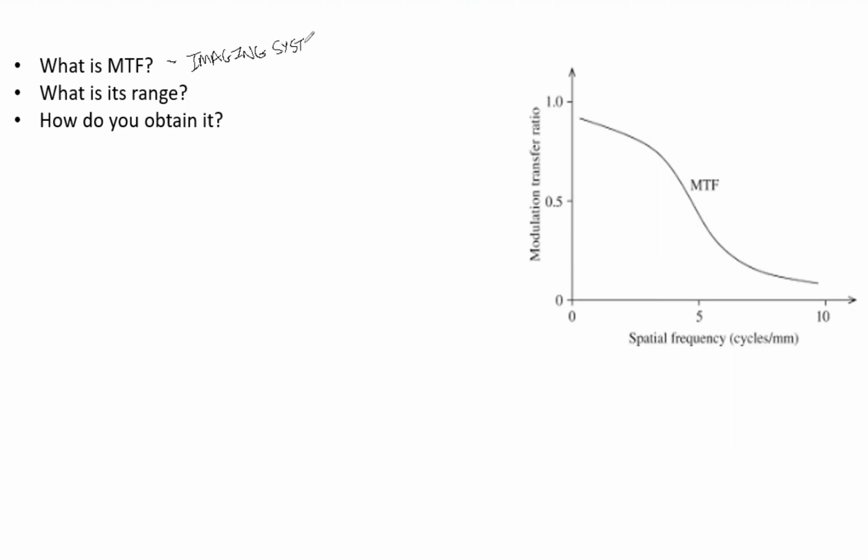It's not saying how good the resolution is necessarily, but how well the spatial resolution is reproduced by the system. So it's not going to make the resolution better, or it could technically make it worse, but it's more about how it can reproduce.